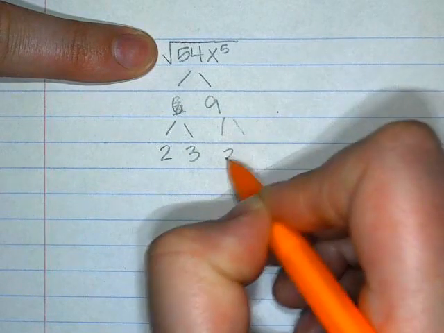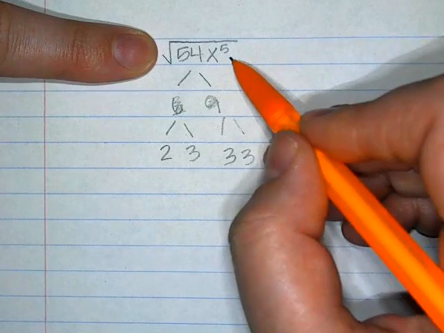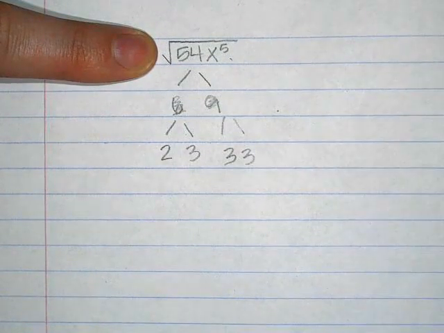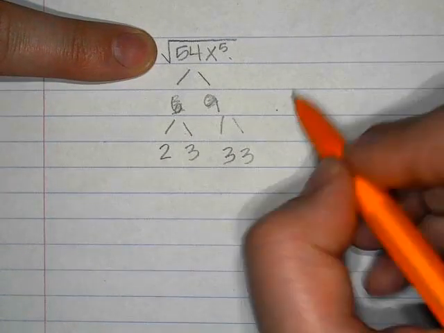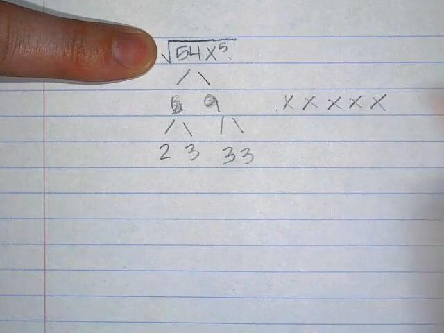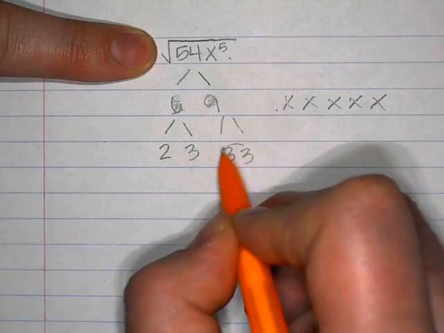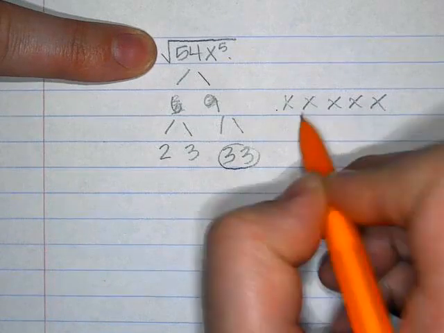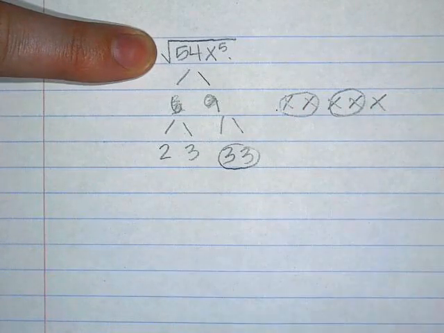And then x to the 5th, if I was to break that down, how many x's are being multiplied together? 5. 1, 2, 3, 4, 5. So what we're going to do now is circle all of our pairs. I've got a pair of 3's, a pair of x's, a pair of x's, and then I'm going to look at my leftovers, my little singletons.